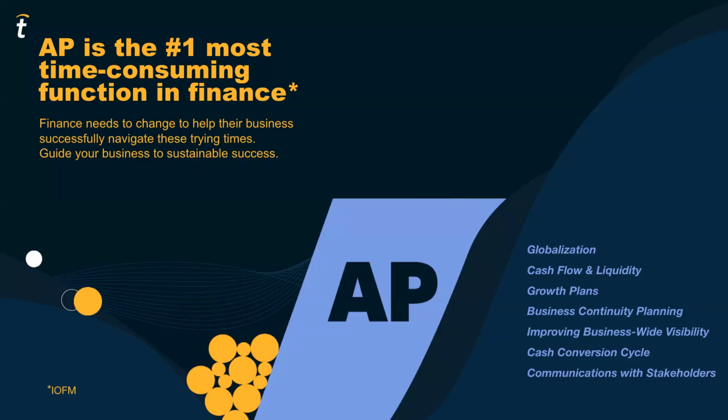So we find that finance leaders are in this critical role to navigate their companies through difficult periods like we're going through now by driving more efficiency and establishing things like cost controls. What we found, and this is actually according to the IOFM, the Institute of Finance and Management, is that accounts payable is the number one most manual and time-consuming function in finance today.